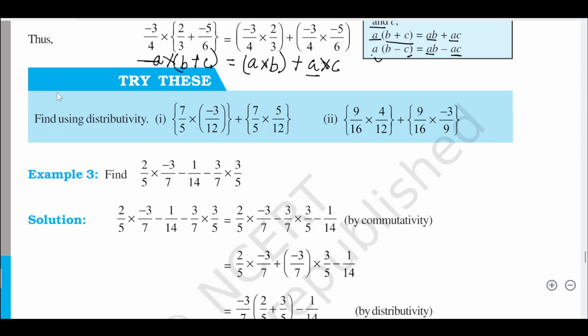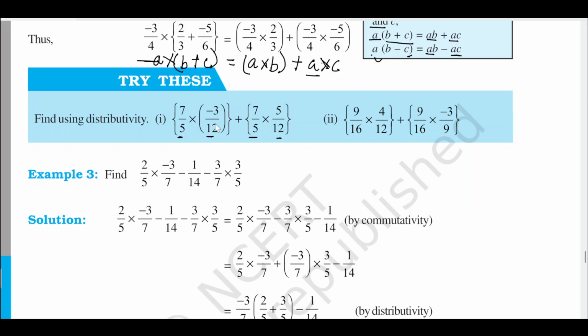Now next there is an example to be solved. Find using distributivity: minus 7 by 5 into minus 3 by 12, plus 7 by 5 into 5 by 12. Okay, we have to solve this.